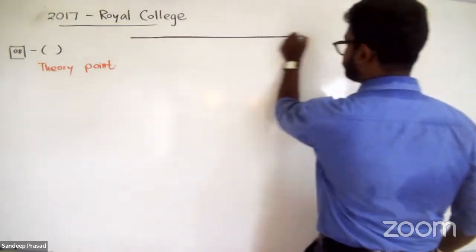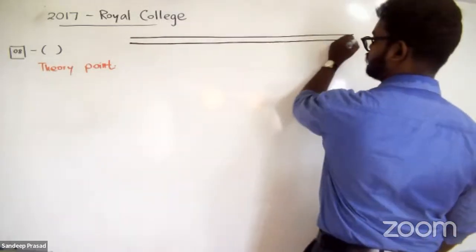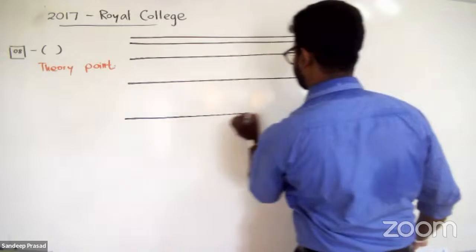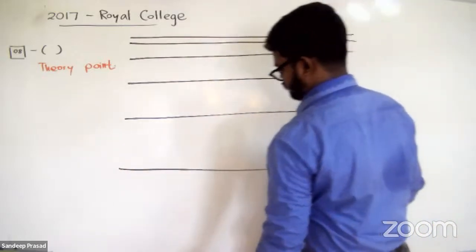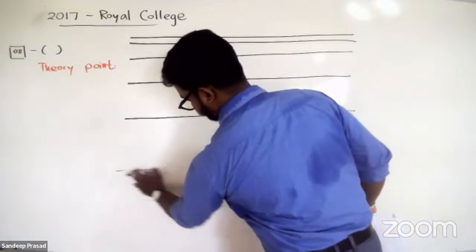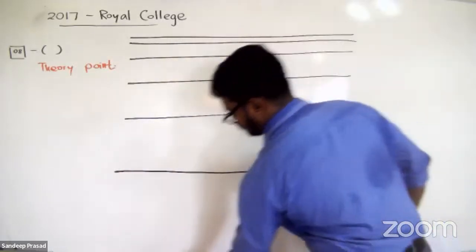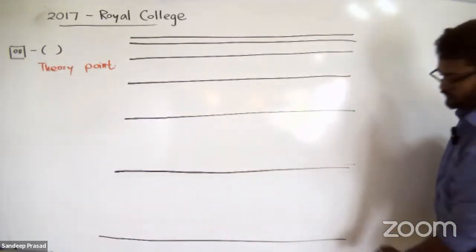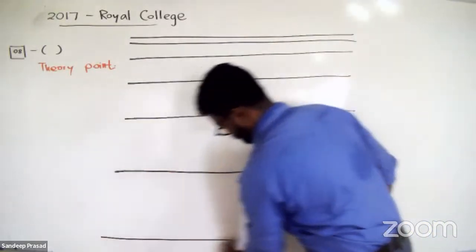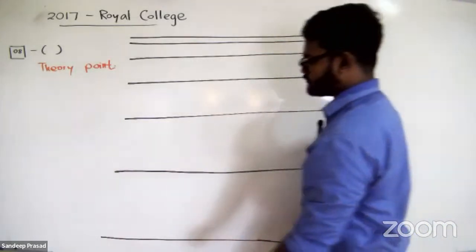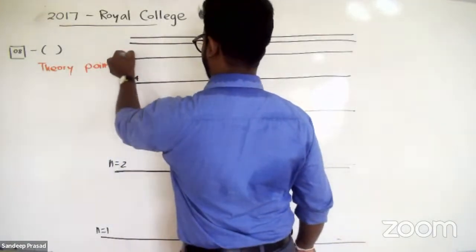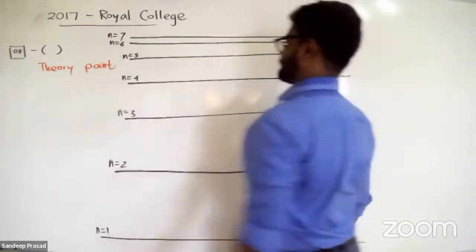Hydrogen emission spectrum. n equals 1, n equals 2, n equals 3, n equals 4, n equals 5, n equals 6, and n equals 7.